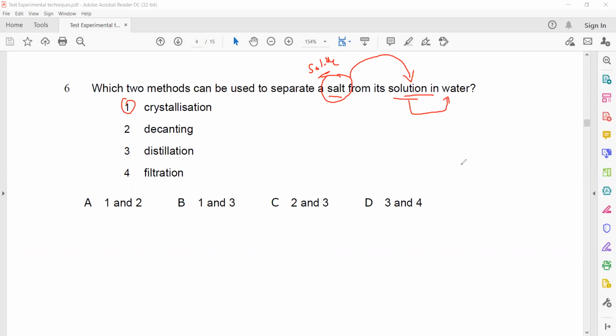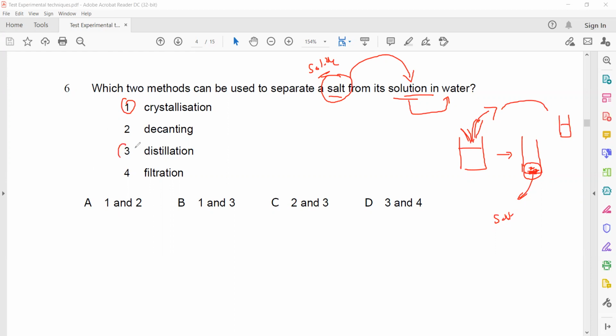How can distillation be used? Because in distillation, we allow the water or liquid to escape. When the liquid escapes, we condense it and collect the liquid in the other container. But when all of the liquid escapes, we are left behind with salt in the original container, and when we use a condenser, we collect the liquid as well.